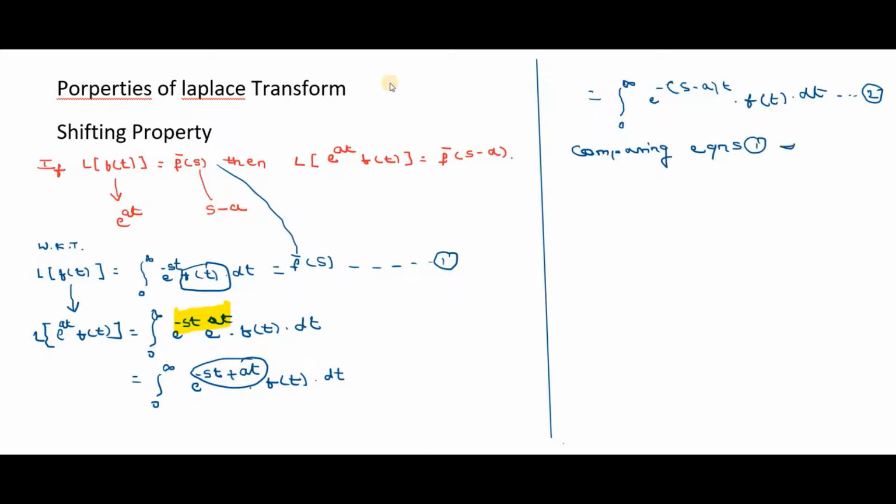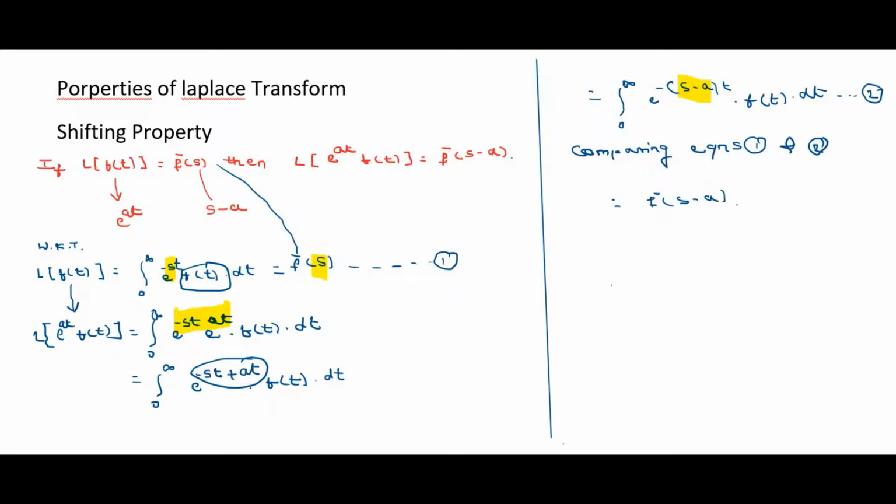Equations 1 and 2. In the case of equation 1, if this is s, then here we can write it as f bar s. Now in place of s we have s minus a, so we can write it as f bar into bracket s minus a.